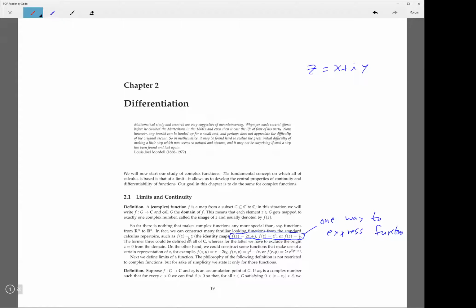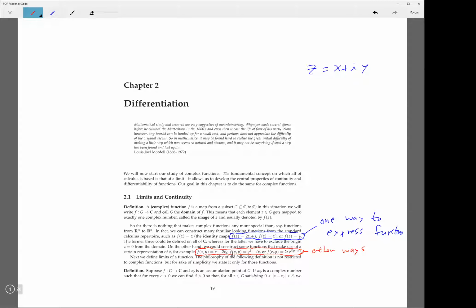Another way would be like this. There are actually two different ways. Instead of just having a z, you have x and y. You could also have a z there but have x's and y's in the expression.